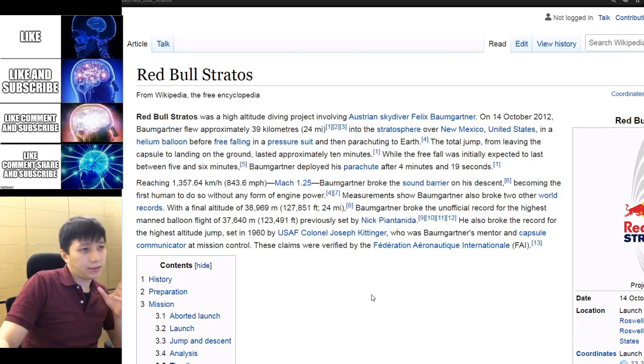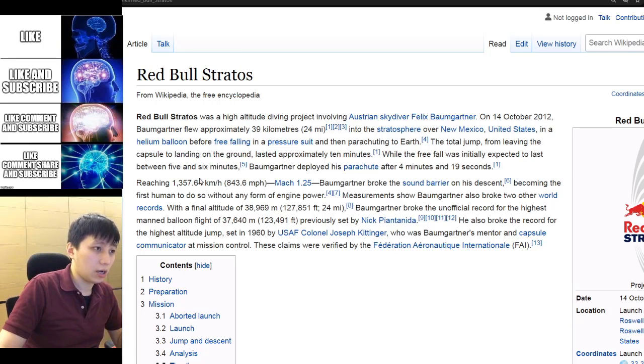The highest skydive that so far we have in history was back in 2012, which is a skydive sponsored by Red Bull, by the way. The height was 39 km, and it was actually magnificent because it took a really long time to do the skydiving, and more importantly, it actually reached the speed of sound.